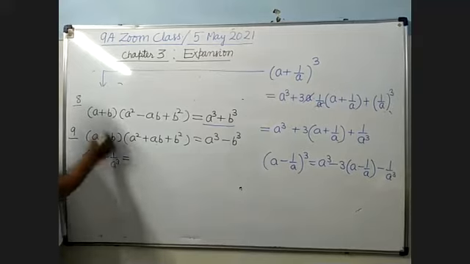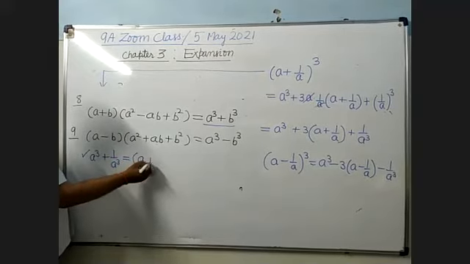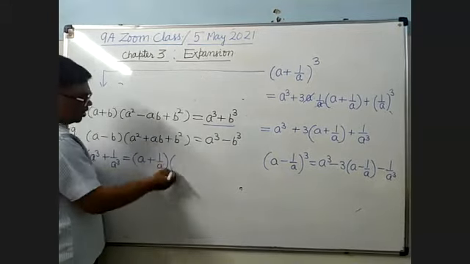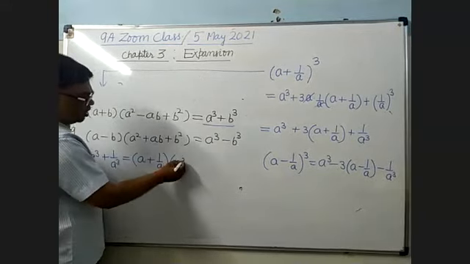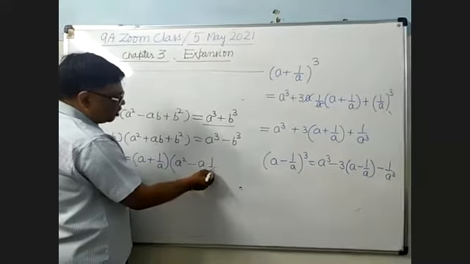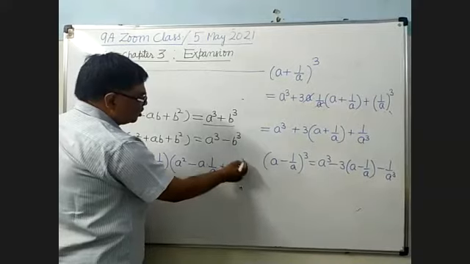So see here, you substitute here a plus b. In place of a it is a only, in place of b, 1 upon a. In the other bracket, in place of a, a square, then a in place of b, 1 upon a plus 1 upon a square.